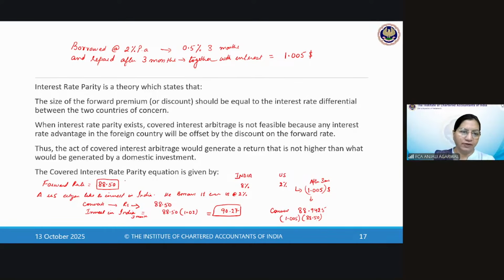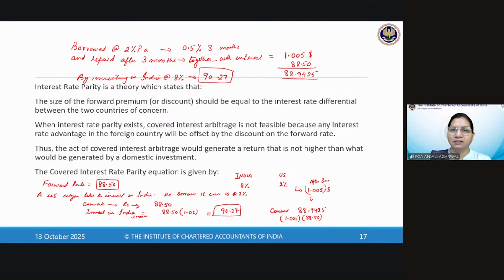So if the forward rate remains 88.50, he ends up paying 88.9425 rupees for the same, whereas by investing that money in India at 8%, he ended up getting 90.27 rupees after 3 months. So the difference is his arbitrage gain.